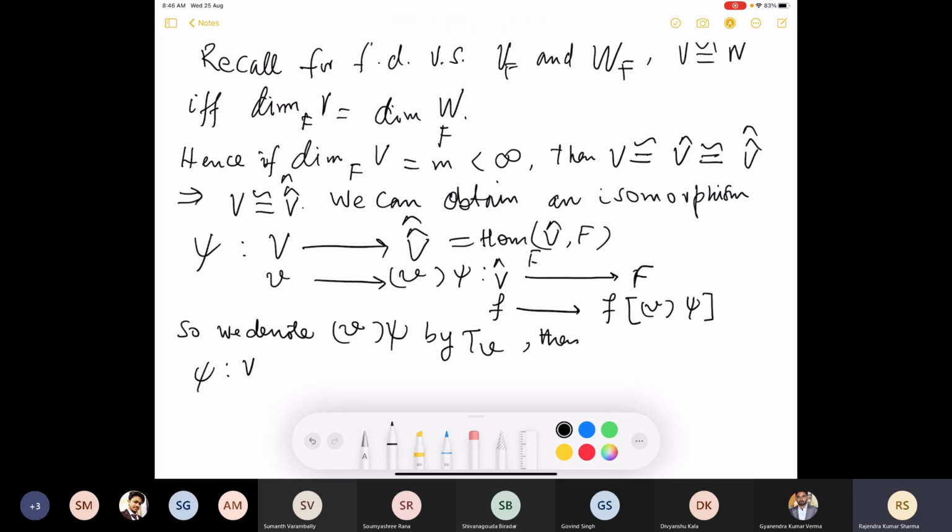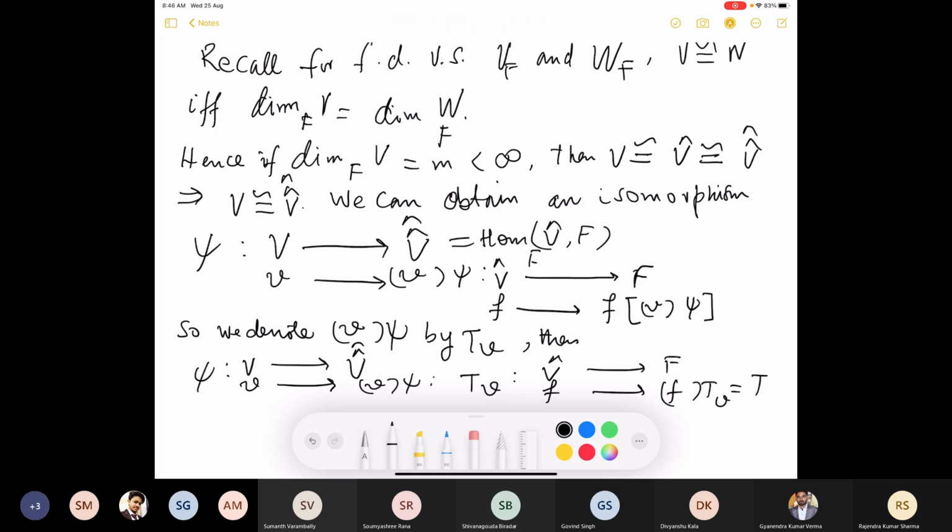So psi is a mapping from V to V hat hat. V goes to V psi, and V psi is T_v. T_v is from V hat to F. f is sent to f under T_v. We preferred to write this as T_v of f.